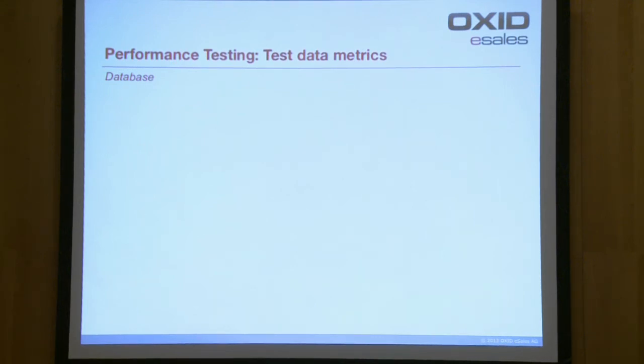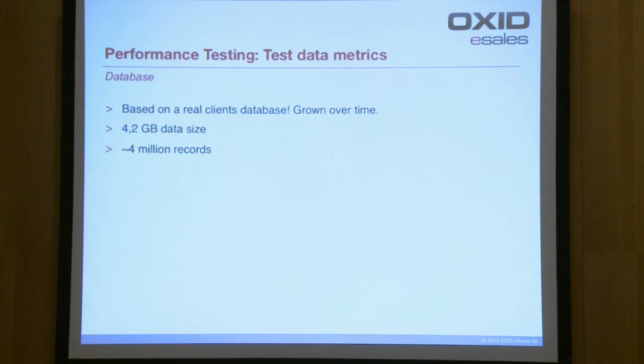When we did our first load testing, which we showed to the partners at the last partner day, the end of 2012, we basically tested on demo data, which is non-realistic. There are not that many clients with a shop with less than 100 articles, right? So we wanted a realistic kind of database. Actually, one client was very nice and gave us an anonymized version of his database, which, with the whole growing over time, had a 4.2 gigabyte data size, about 4 million records over all the tables.